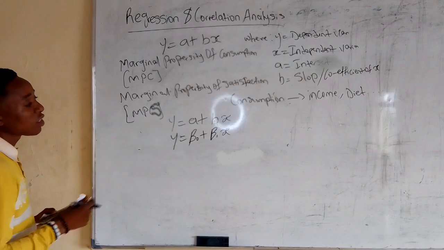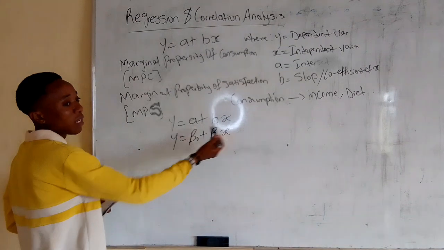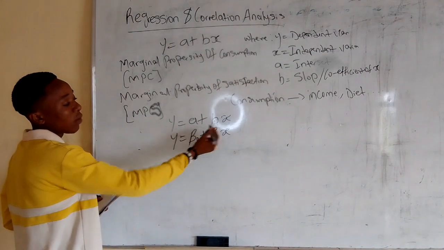Now, to consider the relationship between our dependent variable and our independent variable, we need to find our intercept and our slope.